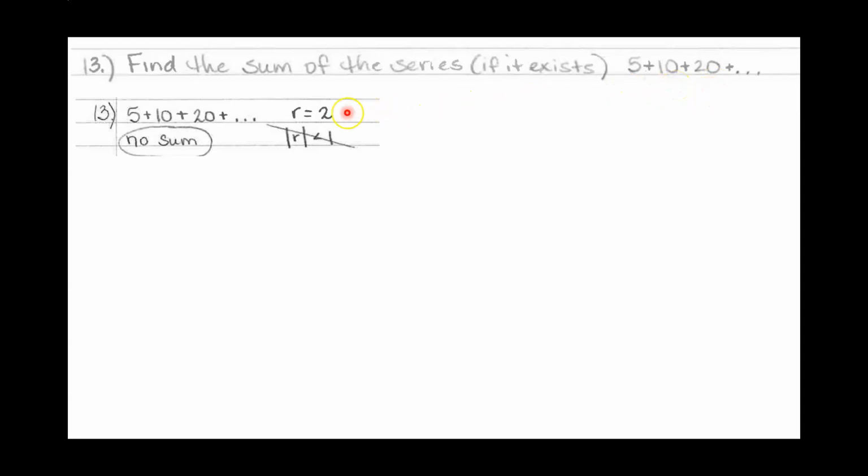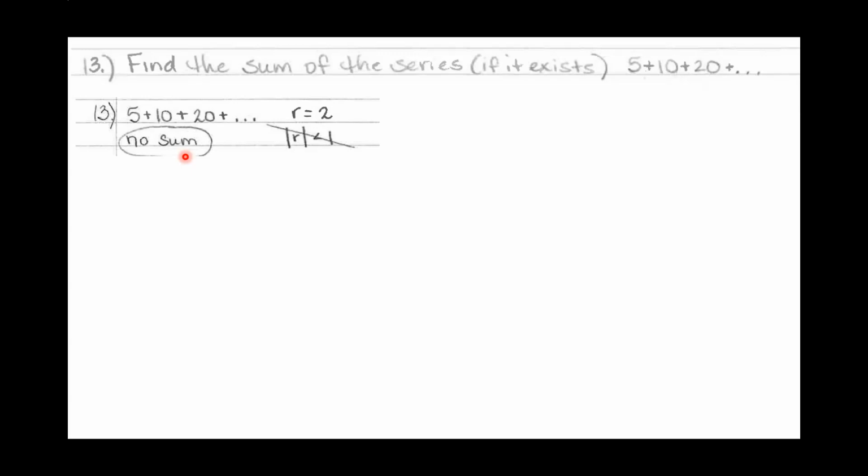My ratio is 2. Now remember, the only way you can find an infinite geometric sum is if the absolute value of the ratio is less than 1. The absolute value of 2 is 2. 2 is not less than 1. So if the absolute value of the ratio is not less than 1, you cannot find the sum.